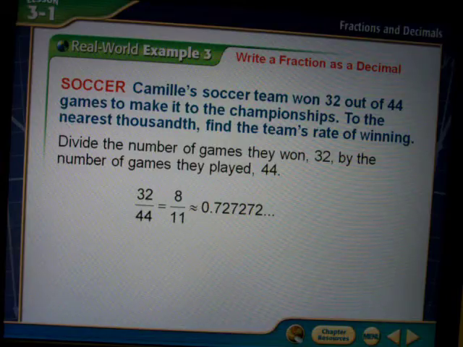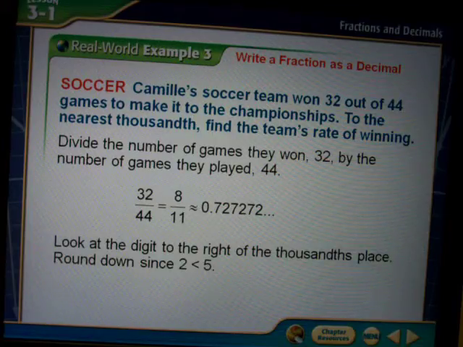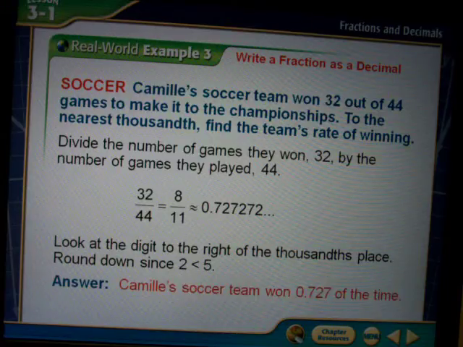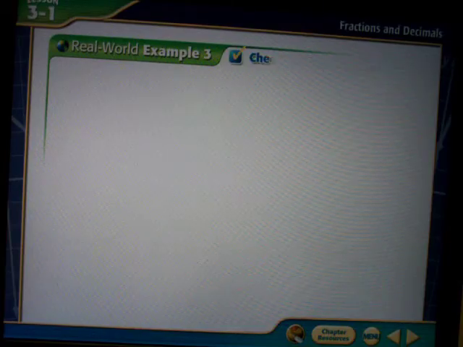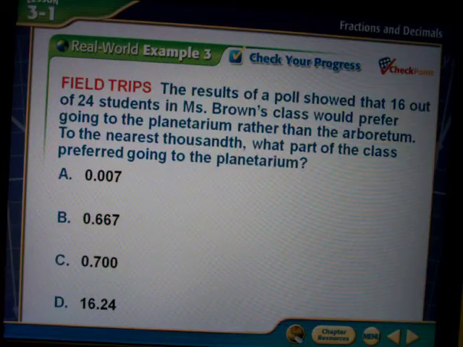So if you remember, in the decimal it goes tenths, hundredths, thousandths, so it's 3 places behind the decimal. And then you round down since 2 is less than 5. So their rate is 727 thousandths, which is a pretty good rating.